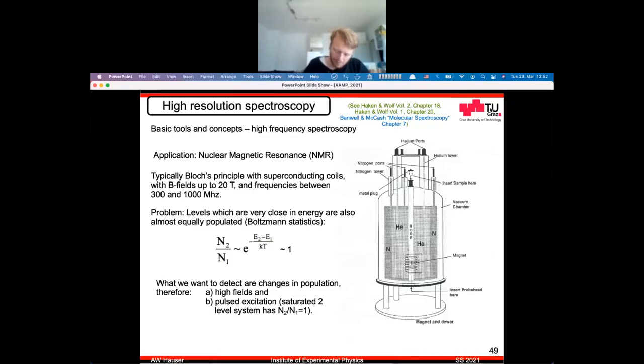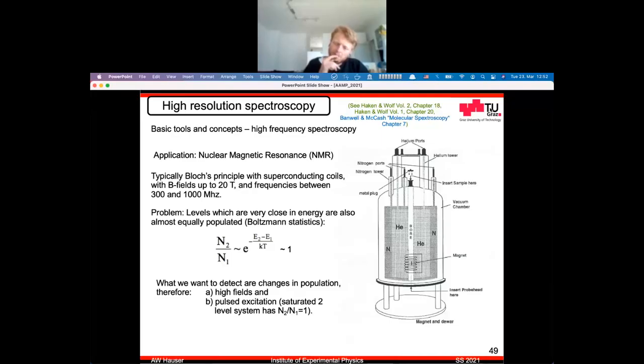And you would like to get to this point because what we are going to quantify is an absorption, meaning that you would like to have the states as far away as possible in terms of energy distance, because if they are close to each other, they will have almost the same population.